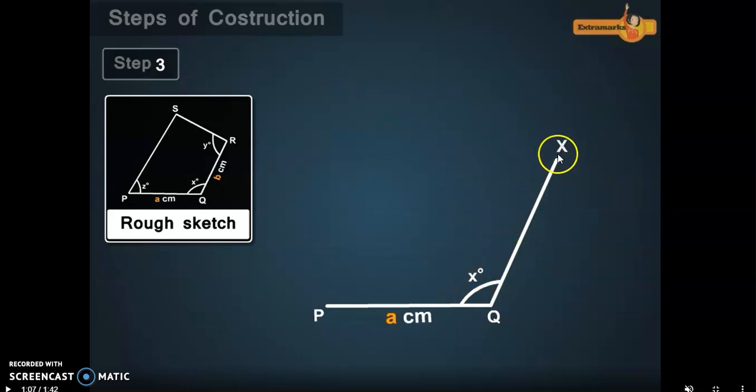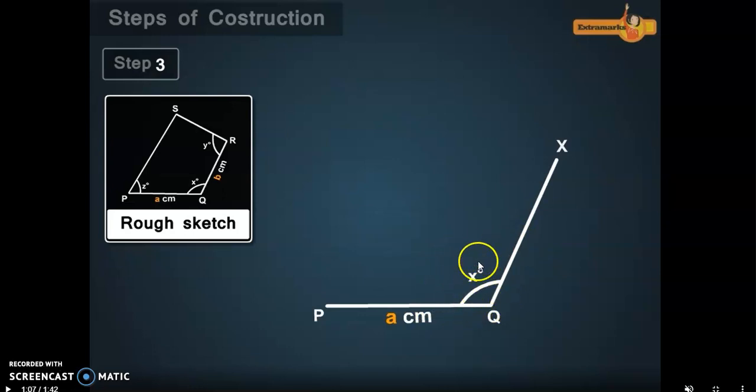The same 110 degrees appears on the protractor both in the inner scale as well as in the outer scale. One will be wide open, another will be closed. It will look small. So be clear from which arm to which arm the angle measurement is given. From PQ, X is the angle, so between these two rays, the angle measurement should be 110.